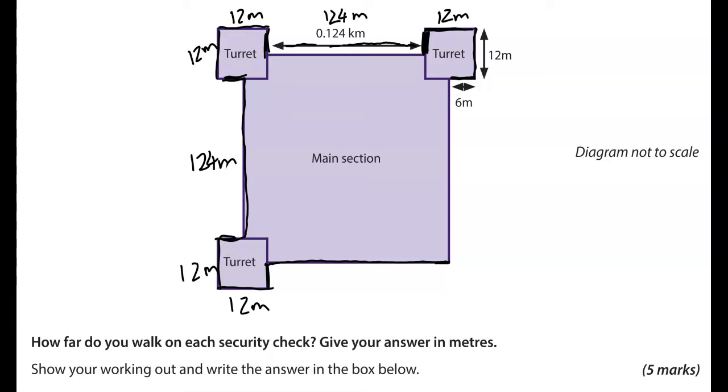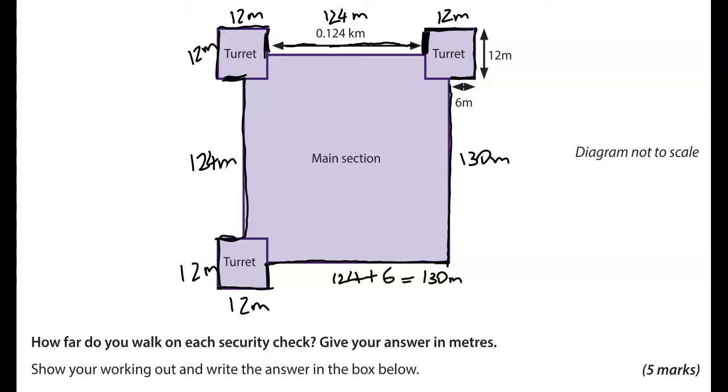So in total it will be 124 plus the 6, which is 130 meters. And the same thing for the other length here, so 130 meters.